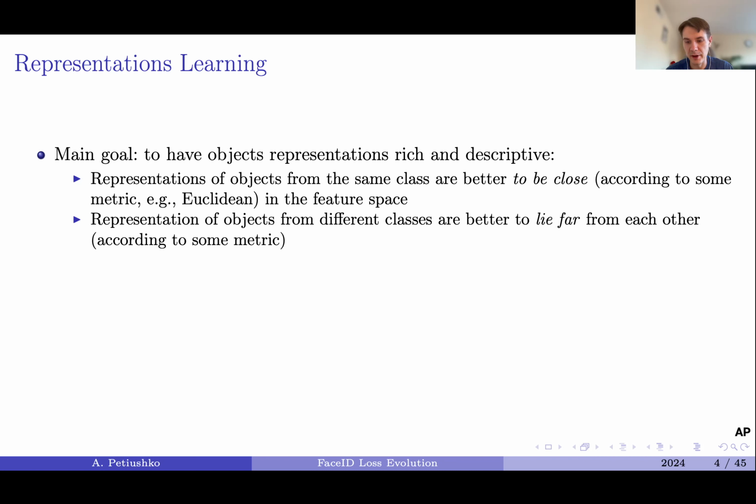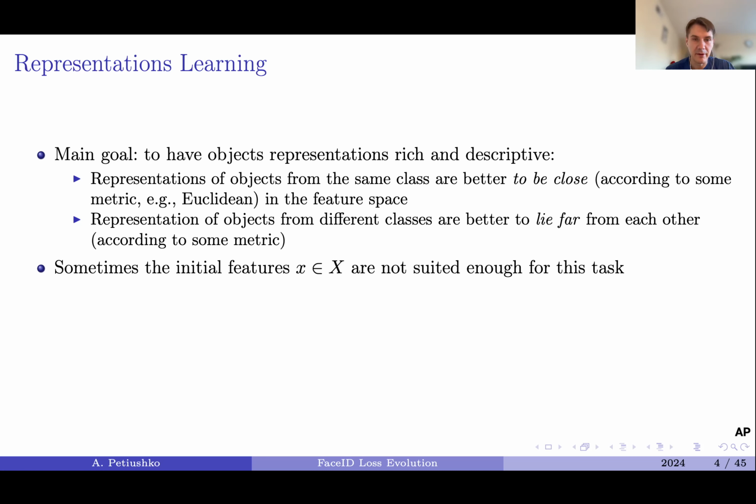If we have representations of two objects of class A, we would like these representations to be as close as possible, or ideally merged into one point. But if we have representations of two objects, one from class A and another from class B, it would be better for them to lie far away, for example at a distance not less than some threshold.